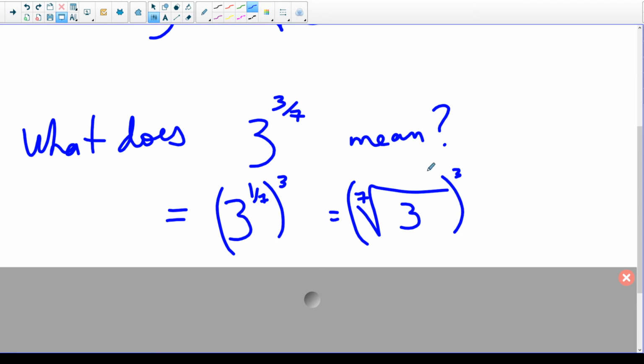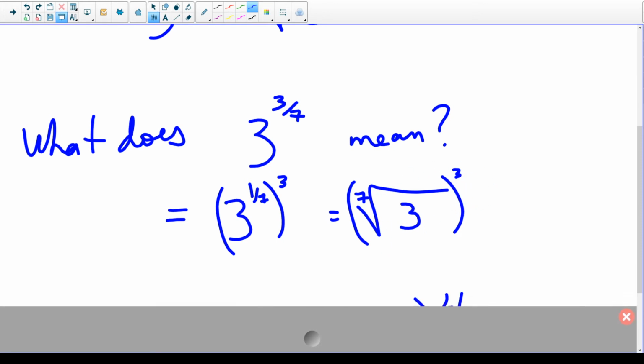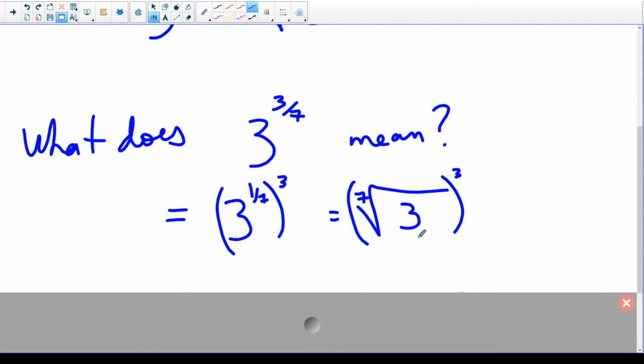And this is actually my preferred way of doing this. There is another way. Sorry, let me explain this. We could have also done 3 to the 3 times 1/7, and what that would look like would be the 7th root of 3 to the power of 3.